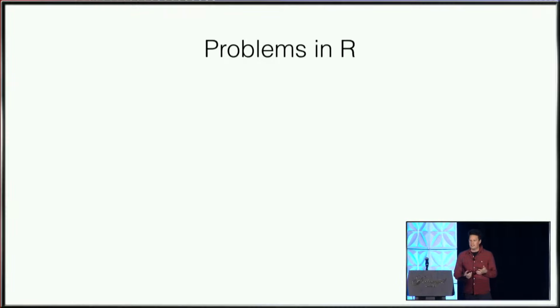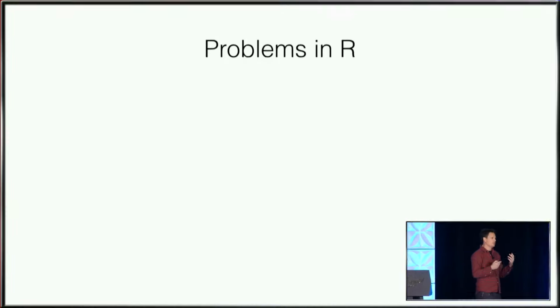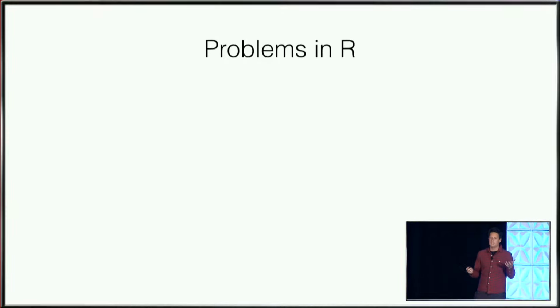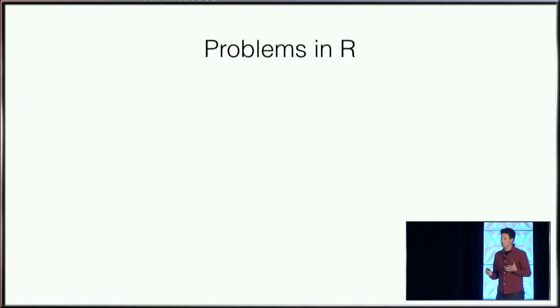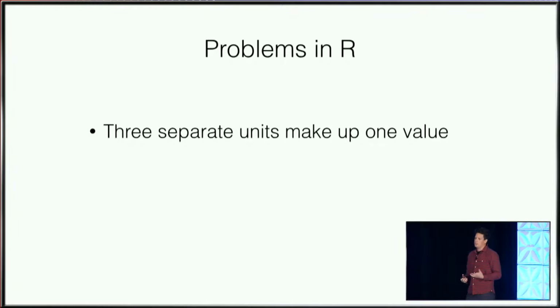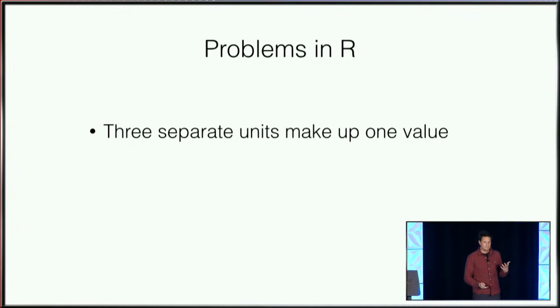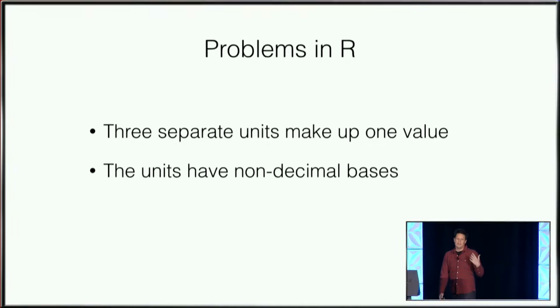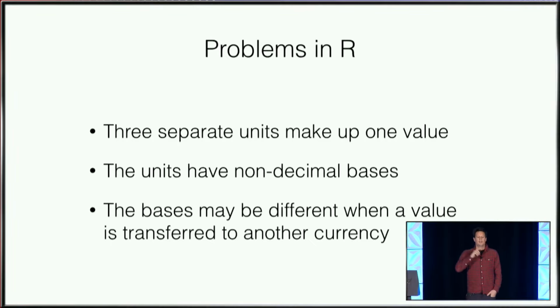And so this has the same issues if you're going to try and think about it in R or any computer. Computers are decimal. And so firstly, you have 3 separate units to make up one value. The units have non-decimal bases, and to make things worse, the bases can be different.